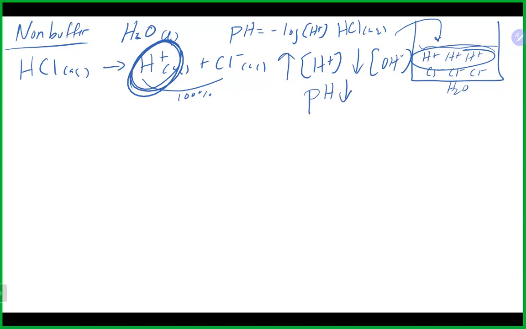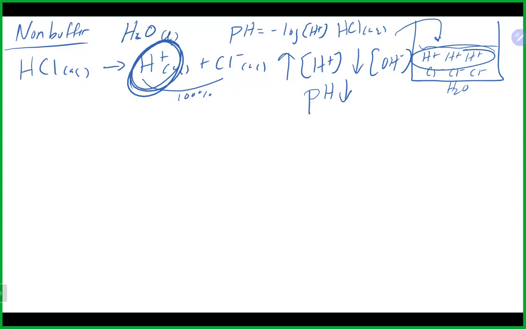So if you took pure water, which say is a pH of 7, and you added your hydrochloric acid to it, it would drop maybe from a pH of 7 down to a pH of 2, a really big jump in pH with not a lot of effort. And again, that's really what you saw when you did the experiment last week.